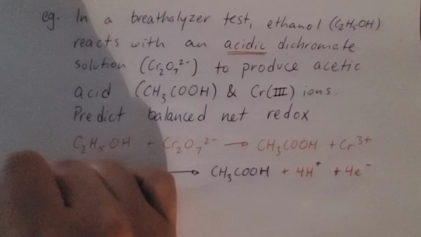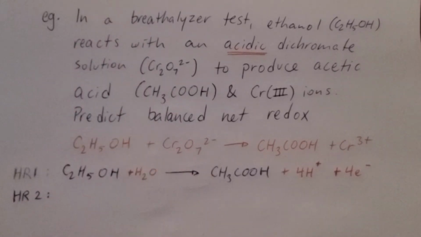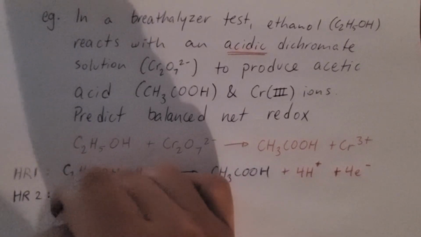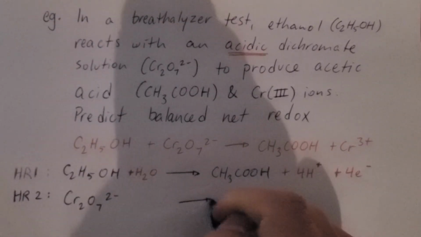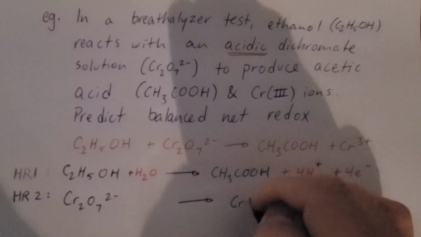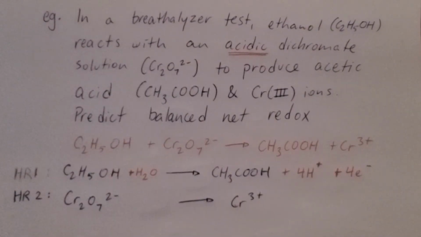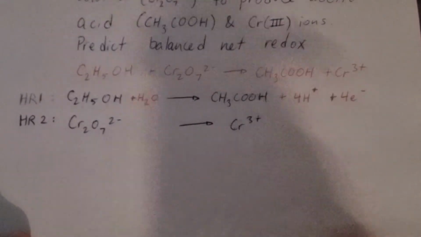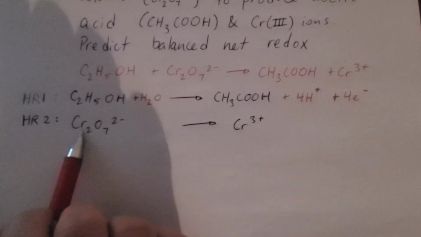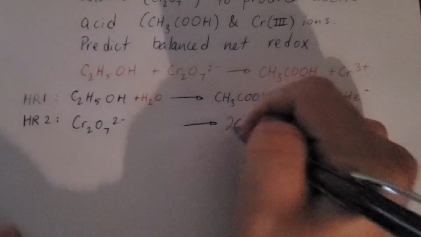We got to do the same thing again for the other entities. So in this case, it's going to be dichromate becoming chromium 3. First step, balance the non-oxygen, non-hydrogen. So I got 2 chromiums, only 1 on this side.